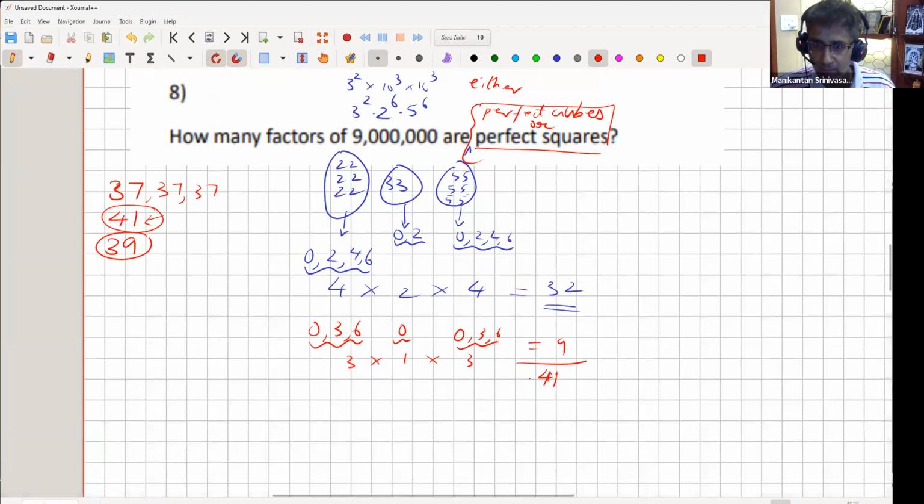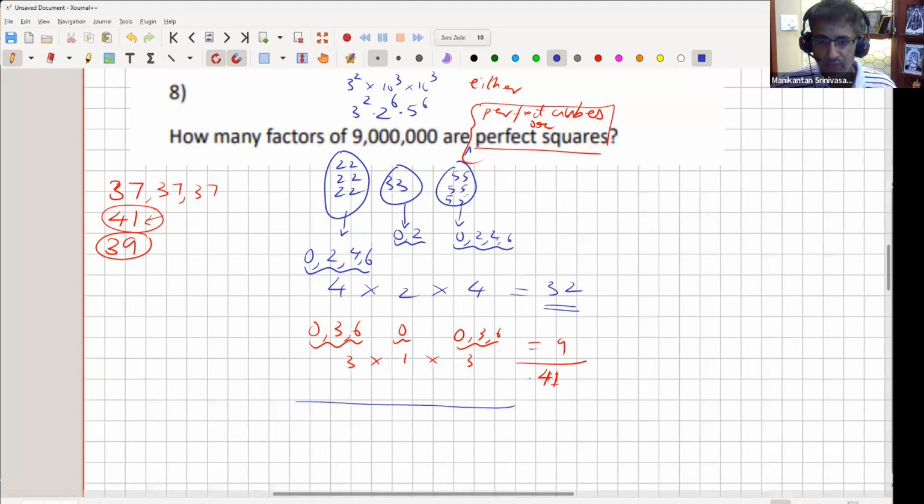And now we realize there is double counting. Double counting happens when it's both a perfect square and a perfect cube. Therefore, it's either 0 or 6 here, just 0 here, and 0 or 6 here. So it's 2 into 1 into 2, so there are 4 of them. Therefore, when you subtract, these are the 6th powers, which are counted in both squares and cubes.